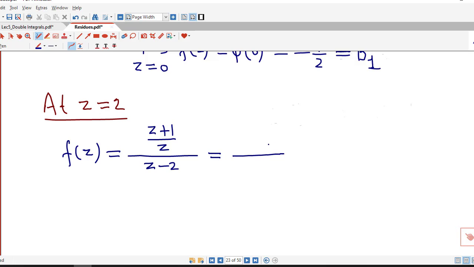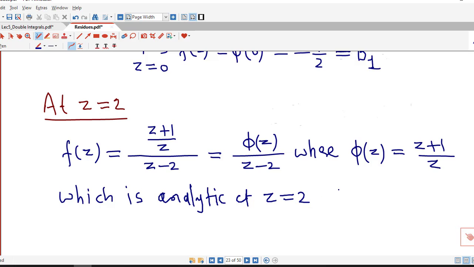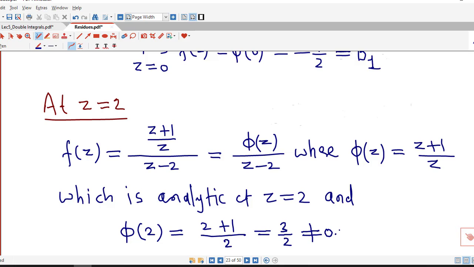And here this is our phi of z over z minus 2, where phi of z is nothing but z plus 1 over z, and it is clearly analytic at z equal to 2, and its value at z equal to 2 is nothing but 2 plus 1 divided by 2, that is 3 by 2, which is non-zero.